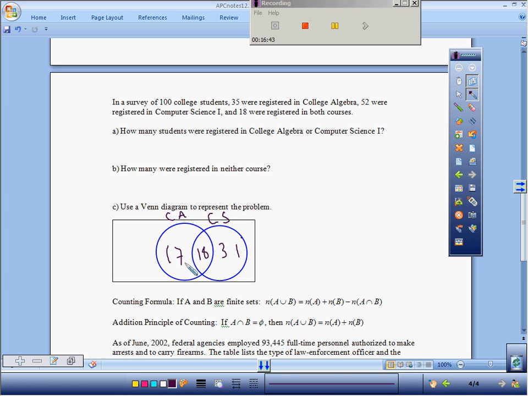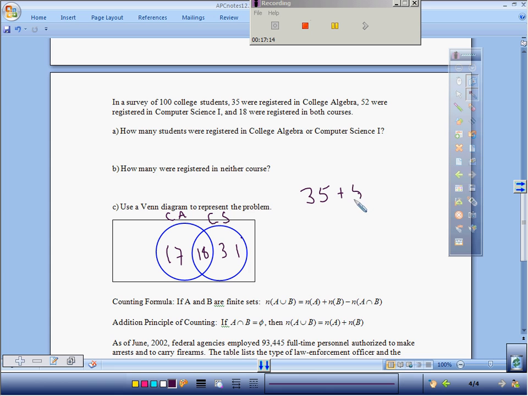35 minus 18. Okay. So it says how many students were registered in college algebra or computer science? Altogether, how many students were registered? 35 plus 52 makes how much? Oh, that's wrong.